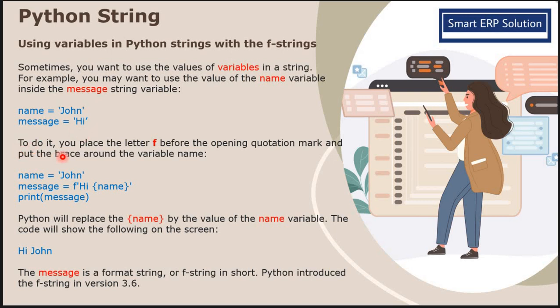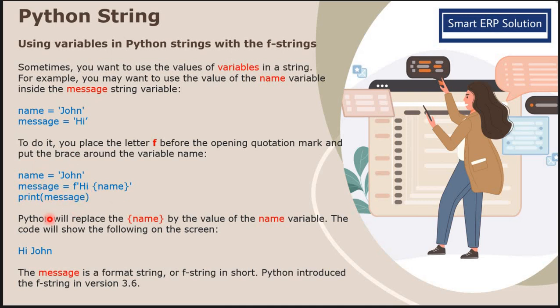To do it, you place the letter F before the opening quotation mark and put braces around the variable name like this way. Name within the single quote John, message F, then we need to start a single quote, then hi. Then within the curly braces we need to put the variable name, this name. Then print message.